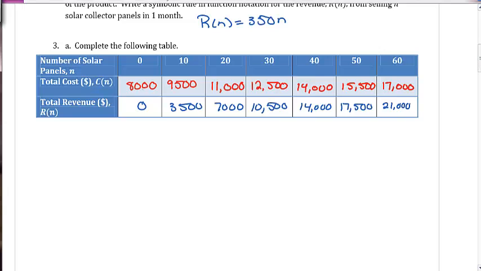So we need to go from 8,000 to 17,000 for the cost function, but for the revenue function, we have to go from 0 all the way up to 21,000. So on our graph, we need to have the largest range. We need to incorporate any numbers that are in this table. So we need to go from the 0 all the way up to 21,000.